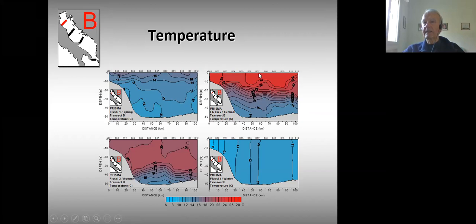So the heating is taking place up to 20 meters, and then below you have the temperature, which essentially doesn't change too much.